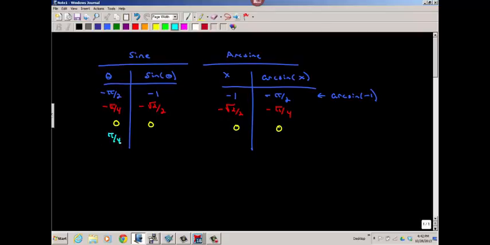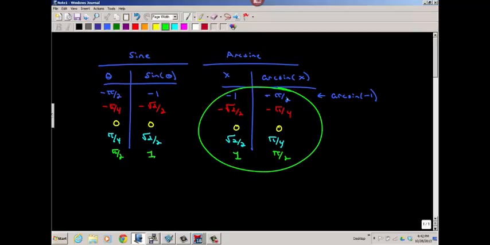The sine value at pi/4 is √2/2, and if you plug √2/2 into the arcsine, it'll give you a value of pi/4, or 45 degrees. The last one: at pi/2, the sine value is 1. So if we input 1, we get an angle of pi/2 out.